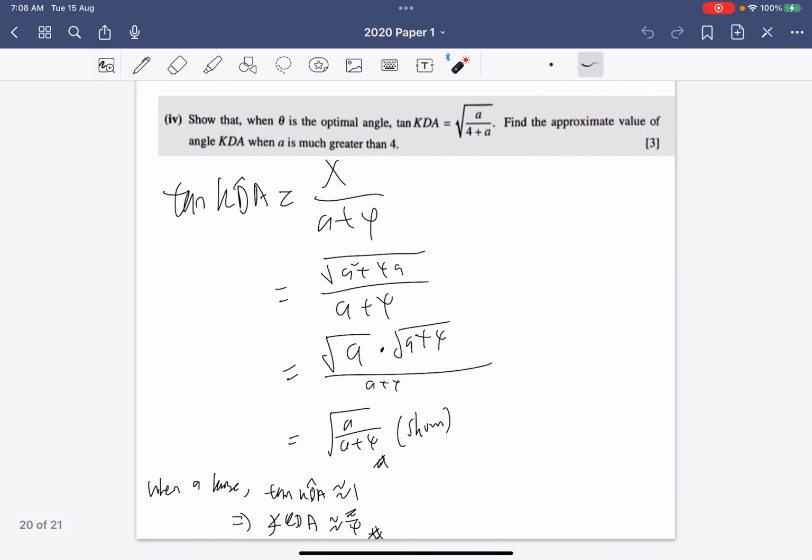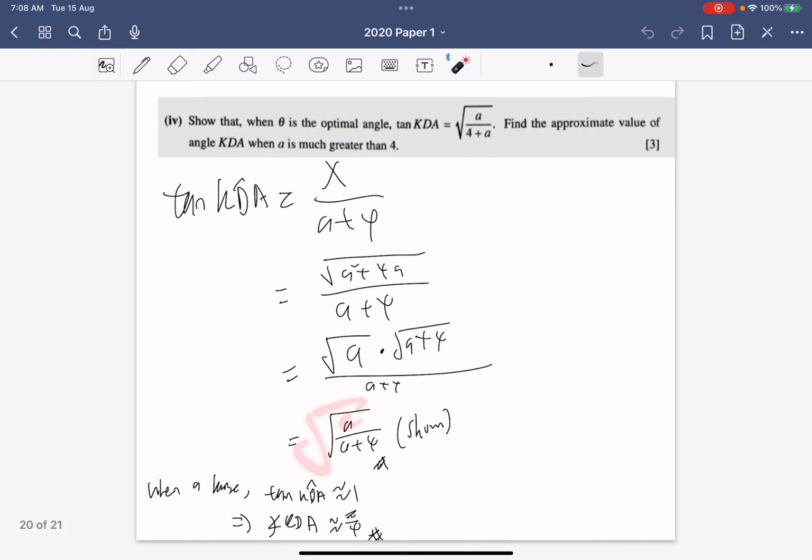So we can take out the a here and we can see that this a plus 4 is just like square root a plus 4 squared. So you just cancel out, and then we can combine the whole thing to be a giant square root. So it's square root a over a plus 4, which is what we want to show.